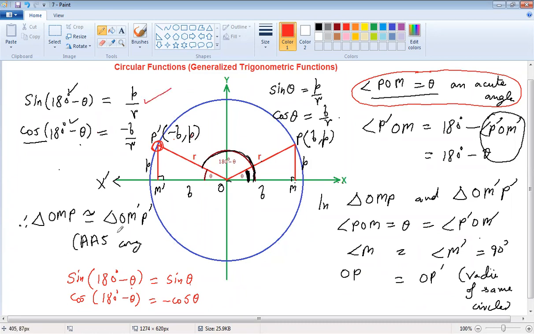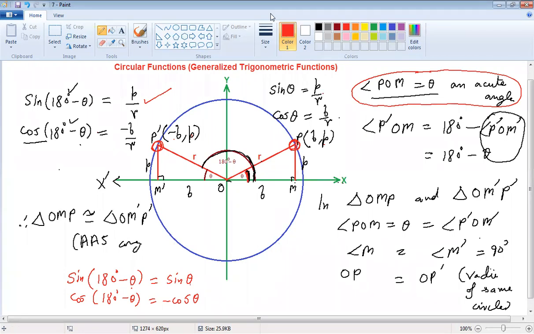So this is p by r. Whereas in the right side triangle, we can find sine theta with the help of the coordinates of this very point. Y coordinate is p and radius is r. So this is same. Sine of 180 minus theta is same as sine theta.